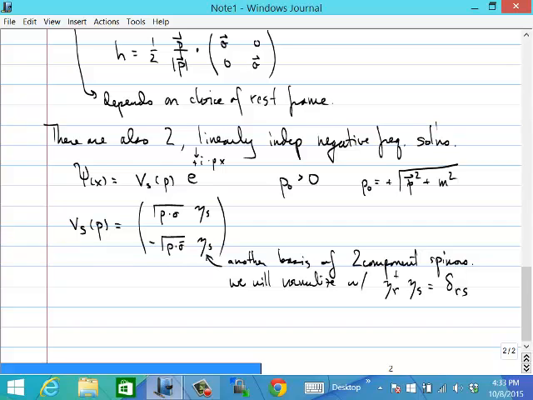I suppose we could take the etas to be the same basis as we did for the zetas, but we don't have to. And these v's, along with the u's, describe a general solution to the Dirac equation.